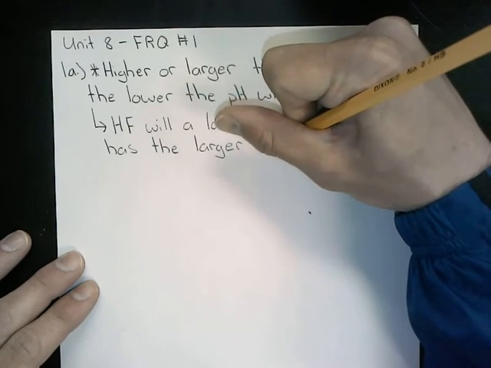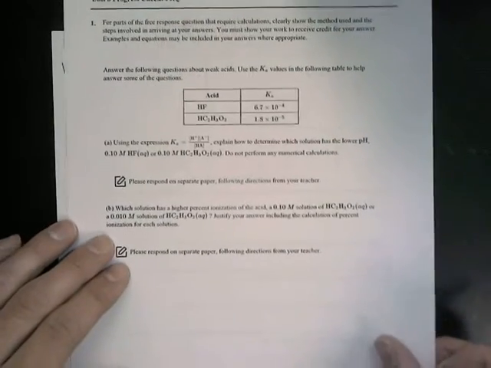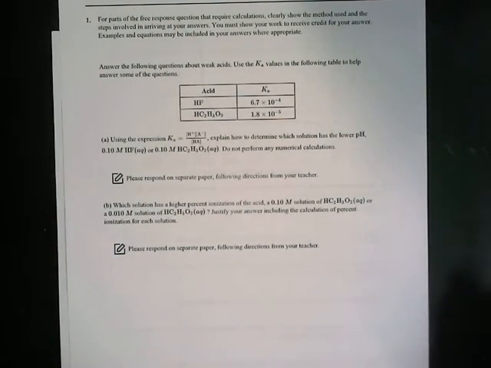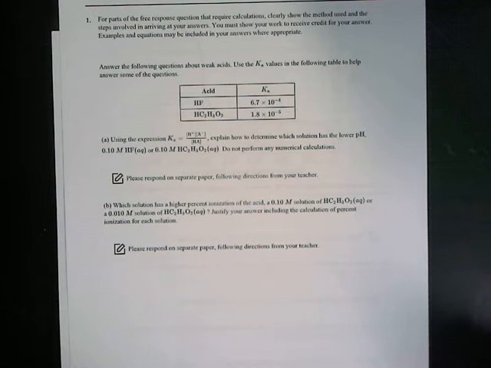Now we move on here to 1b. It says, which solution has a higher percent ionization, a 0.1 molar solution of acetic acid or a 0.01 molar solution of acetic acid? We need to justify our answer, including any calculations of the percent ionization for each solution.